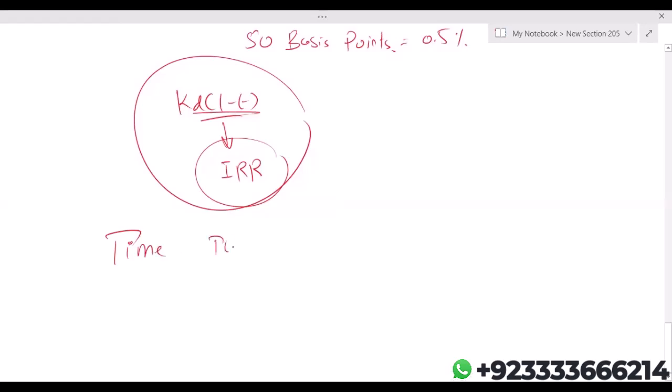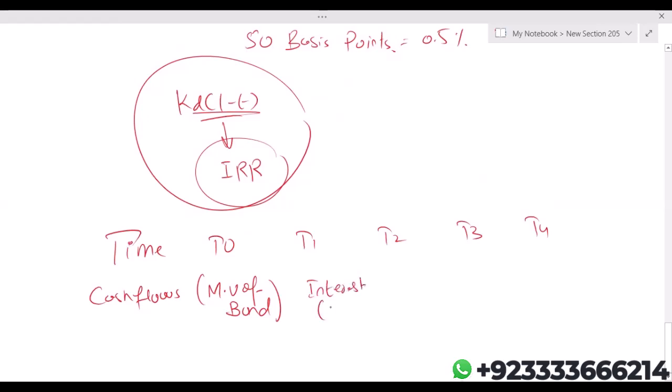Let's say the maturity period of the bond is 4 years. Cash flows at time 0, you have to have the market value of the bond as an outflow. Then I will take interest (1-T), interest (1-T), interest (1-T).